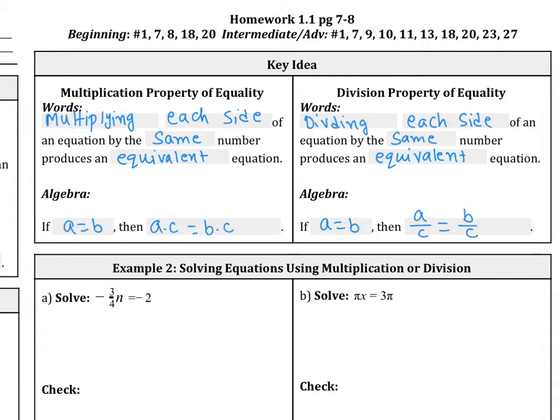Similarly for dividing, when you divide both sides by the same number, that produces an equivalent equation. So if A equals B, then you divide both sides by C, and you're going to get an equivalent equation.